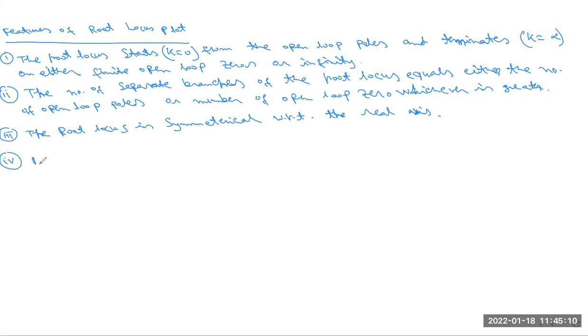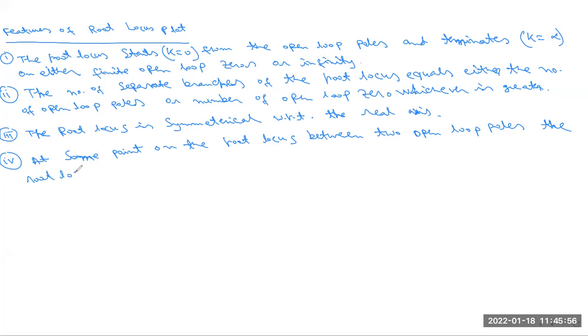Next, at some point on the root locus between two open loop poles, the root locus breaks away.